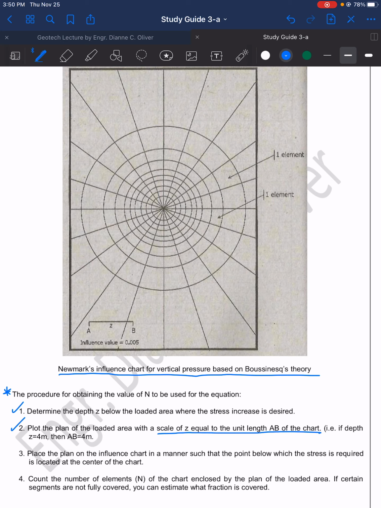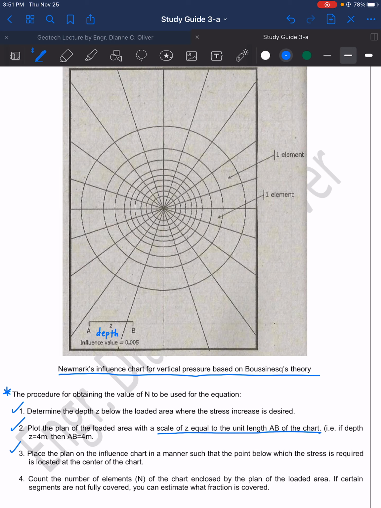So the reason why we need the depth Z is because the scale given in this chart here is based on the depth Z. So we need the value of Z. So if depth is 4 meters, then A to B is 4 meters, which we will use to plot or to draw the figure in this chart.